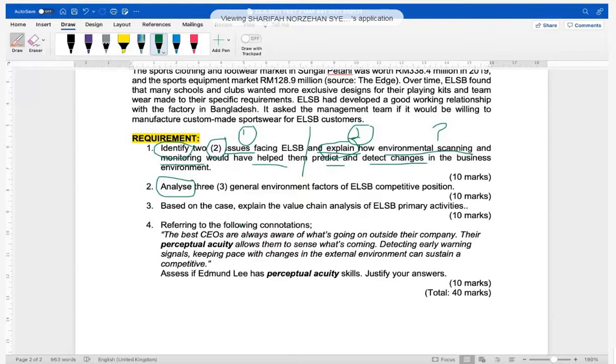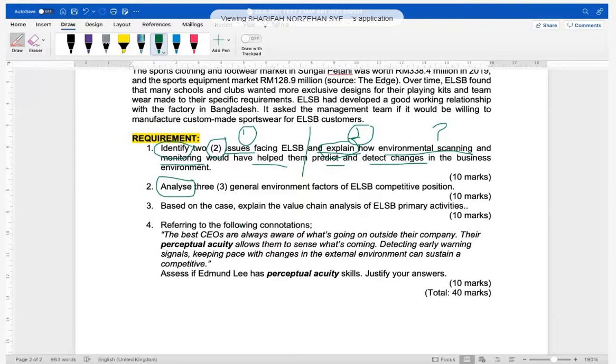Is identifying just writing what the issue is? Okay, writing what the issue is. It's not just putting in the issue, that's listing.